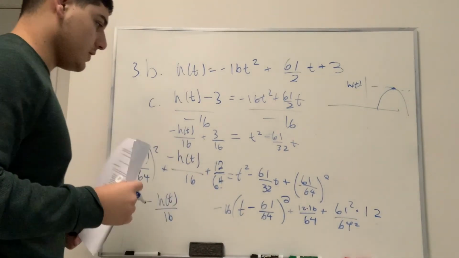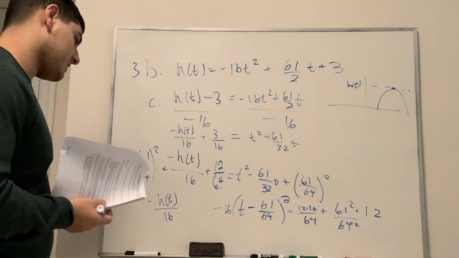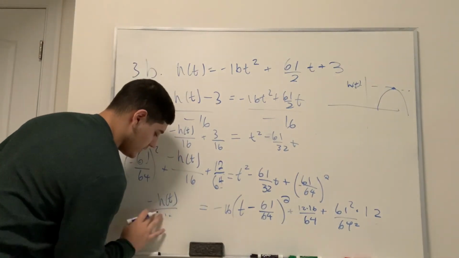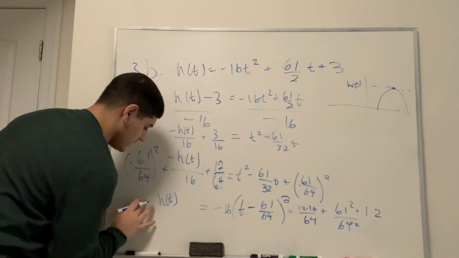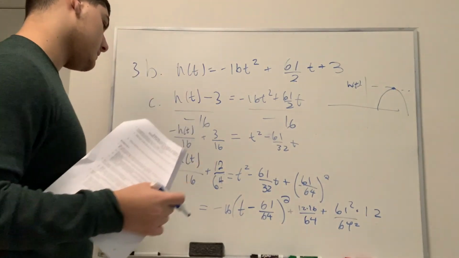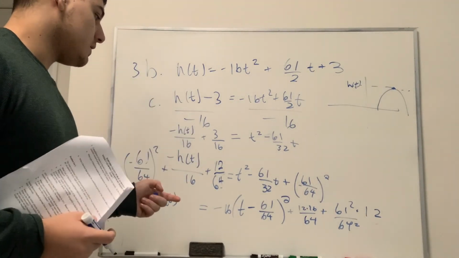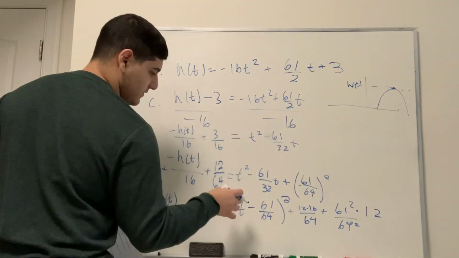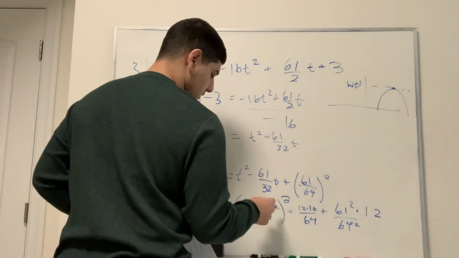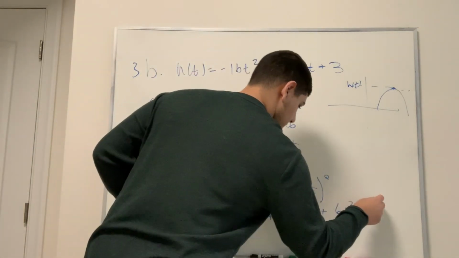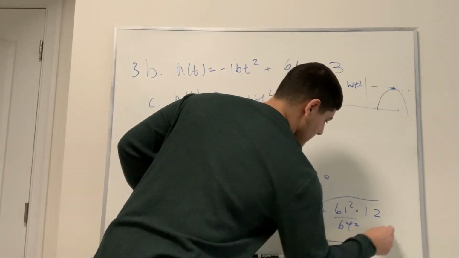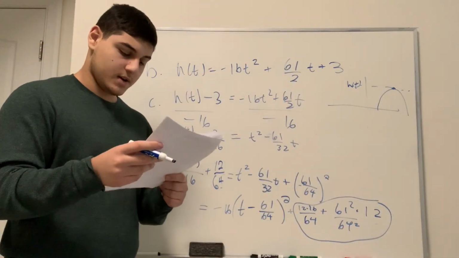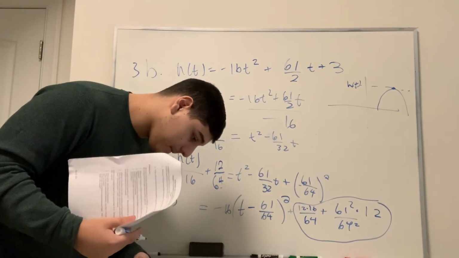Right, because I multiplied by negative 16 to cancel this negative 1 over 16. So then I got that the maximum height when t is 61 over 64 is this right here, since this goes to 0. So this is the maximum height, I believe. Now feel free to put that in your calculator.